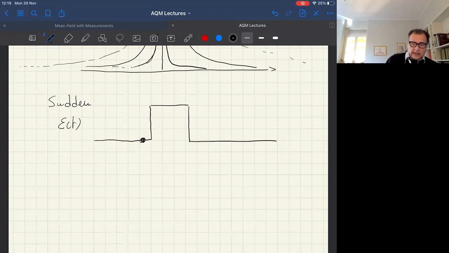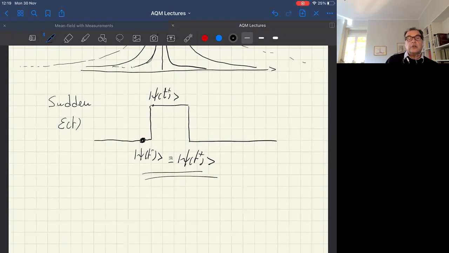If the quantum state before was psi of t minus, after the perturbation the state is the same: psi of t minus coincides with psi of t plus, meaning the system had no chance to change its state. Sometimes you will hear about this sudden perturbation, and you have to keep it in mind.